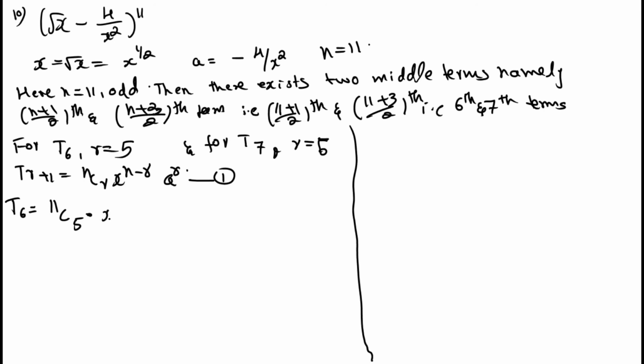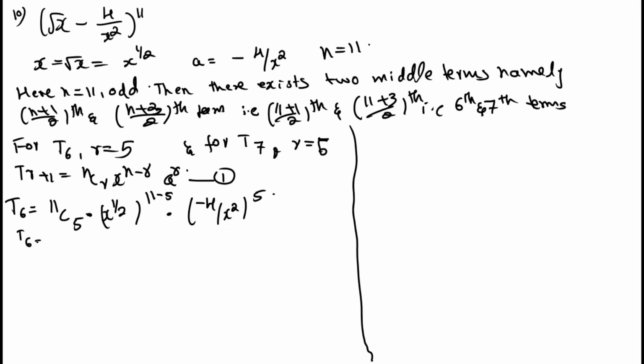X is x to the power 1 by 2, that is root x, right? To the power 5, 6 to the power n minus r, that is 11 minus 5, into a value equal to minus 4 by x square to the power r value is 5.